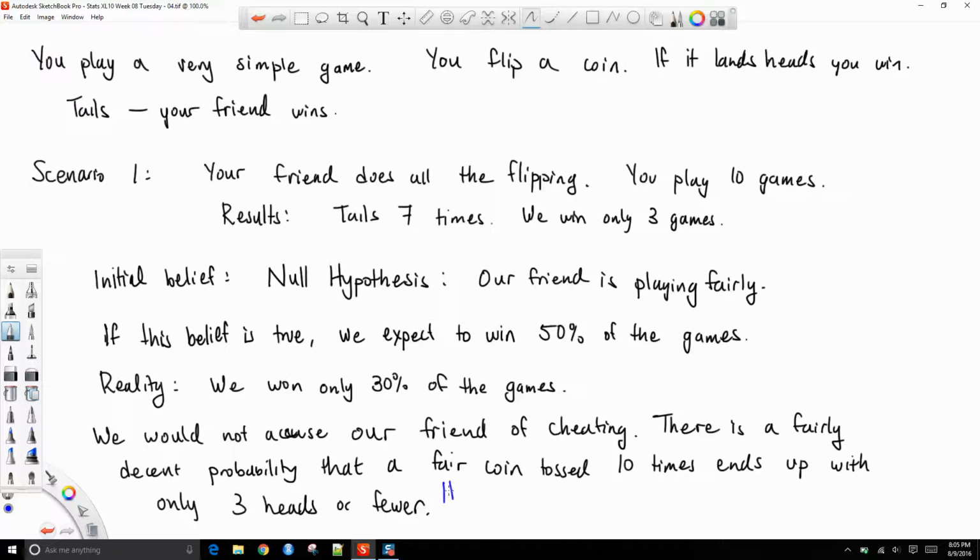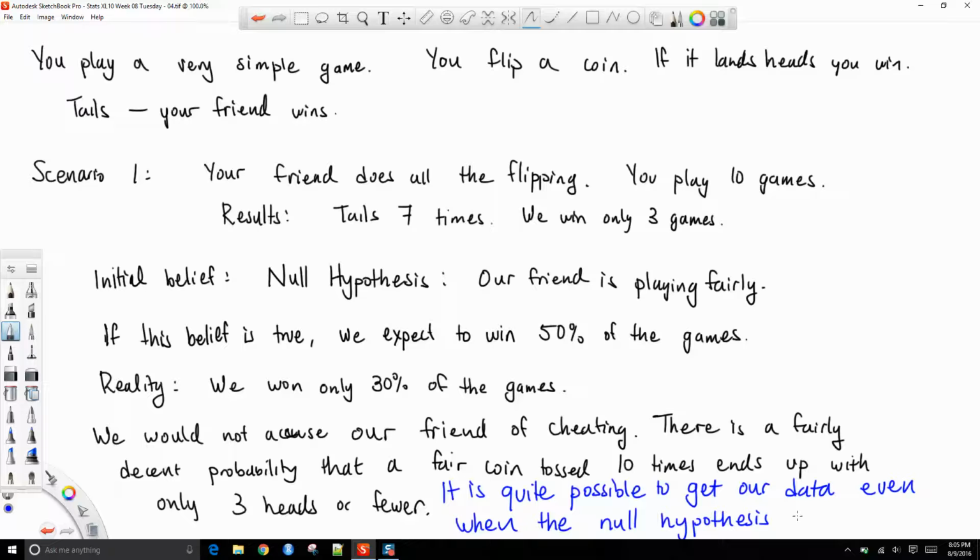So it is quite possible to get our data even when the null hypothesis is true. Do we agree here?